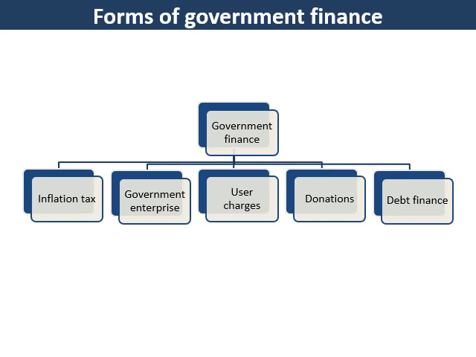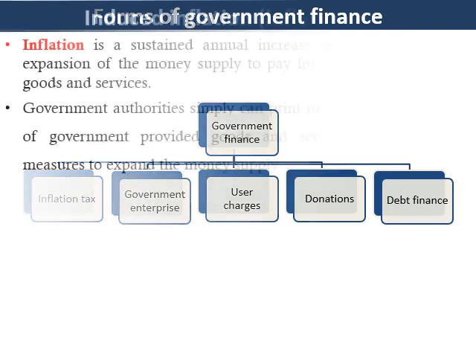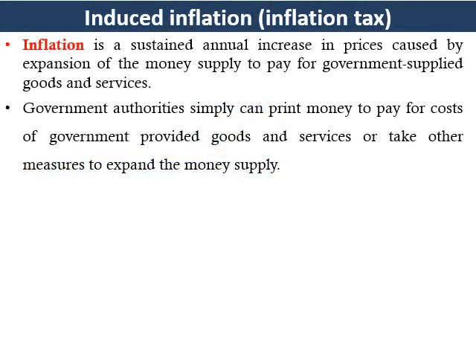So the current lecture will cover all these forms that are used to finance government activities. Now let's start with the first form of government finance of its activities, which is induced inflation.